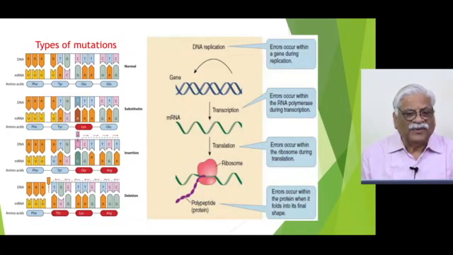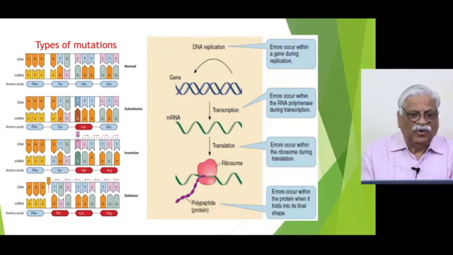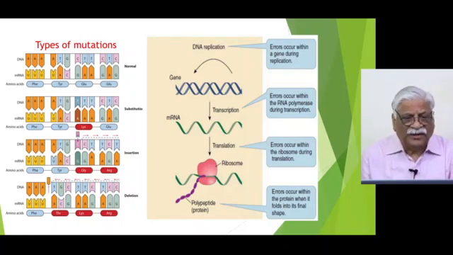In this diagram, you can see the mutations are of three types. Substitution means a new group is added, and by the addition of this group, a new amino acid is added in the protein, resulting in a change of the structure and function of the protein.